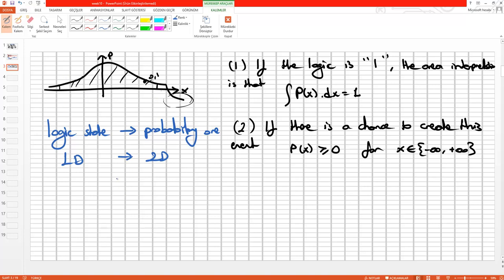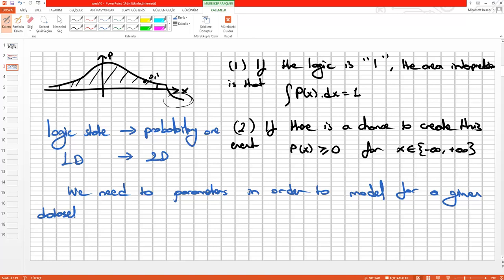Because in this case, we need parameters in order to model a given data set, right? If you don't have any parameter or any scalable parameter in here, then we don't have any model. Okay?